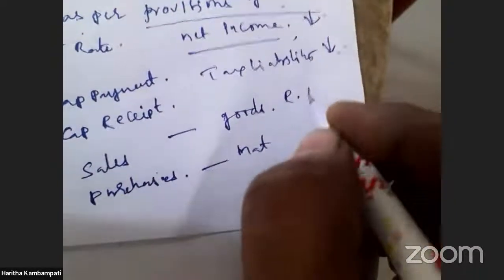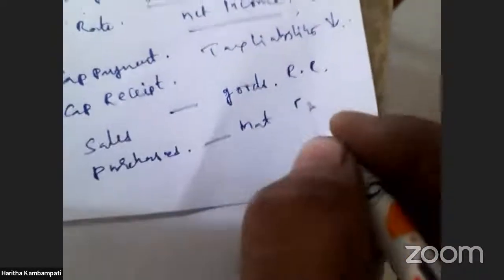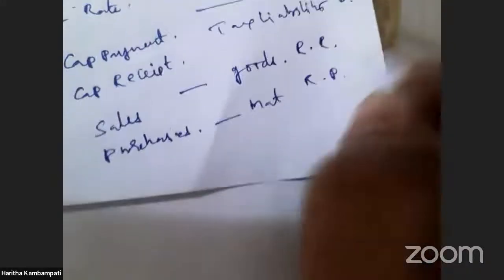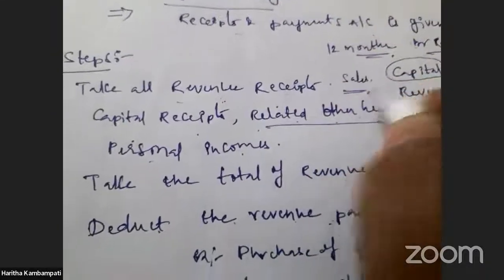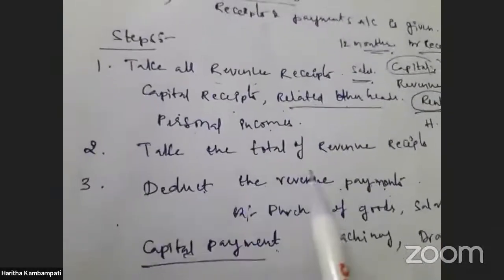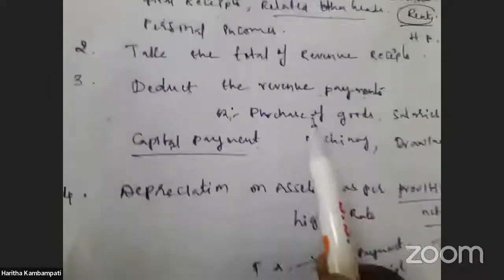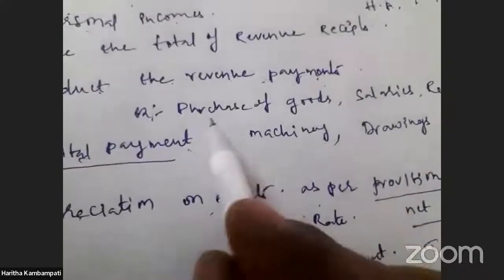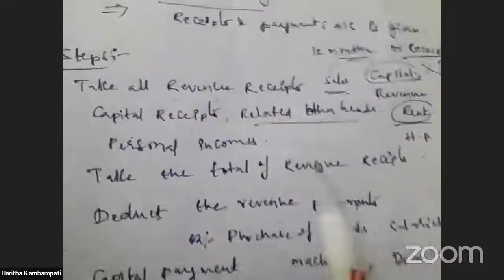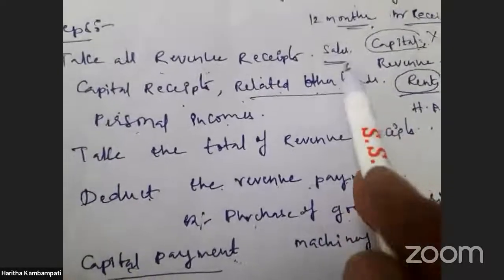This is a revenue receipt. This is a revenue payment. So take all revenue receipts. First most item is sales. As I told, in revenue payments, there is the purchase of goods. Likewise, sales also.